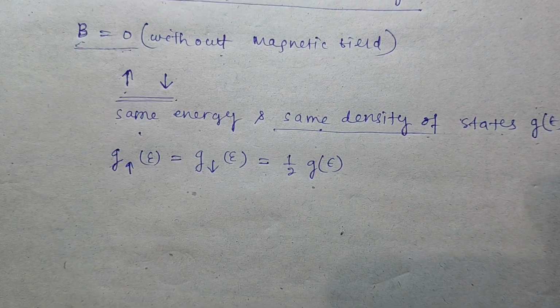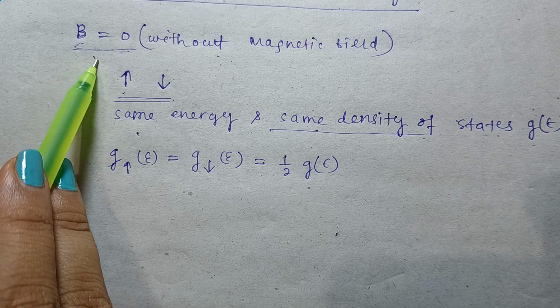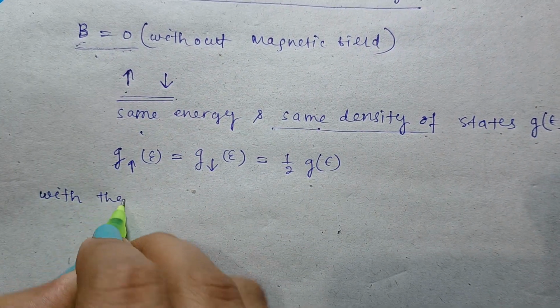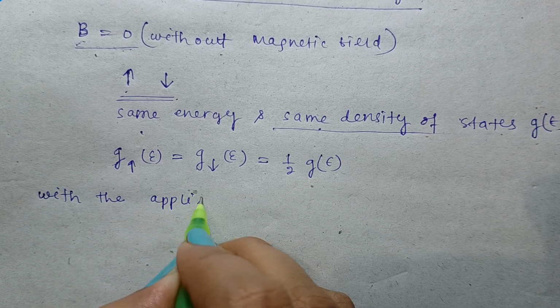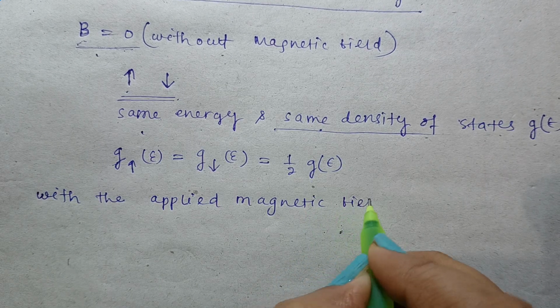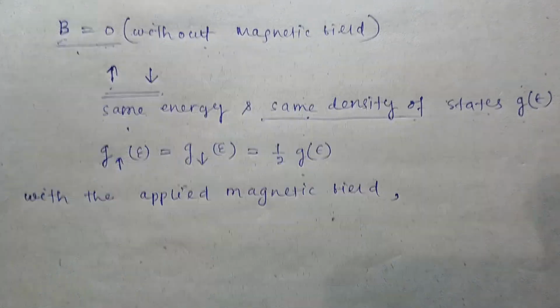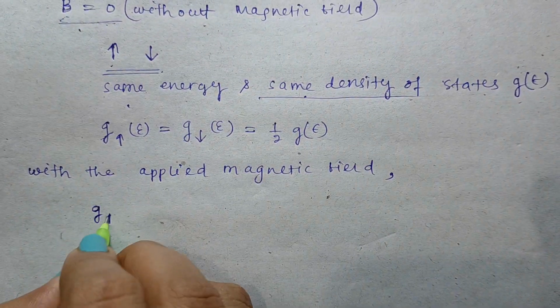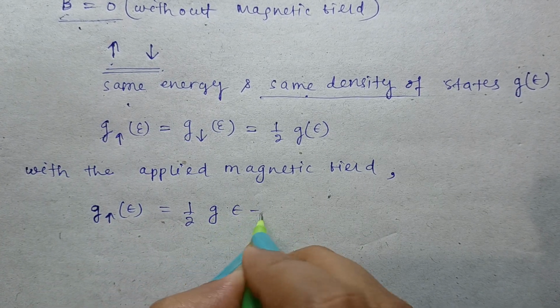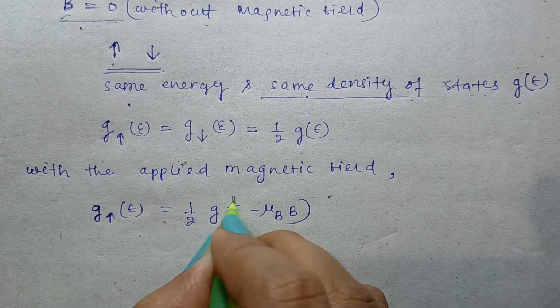Now when we are applying the magnetic field, the density becomes, for up spin, half G(E minus mu B).